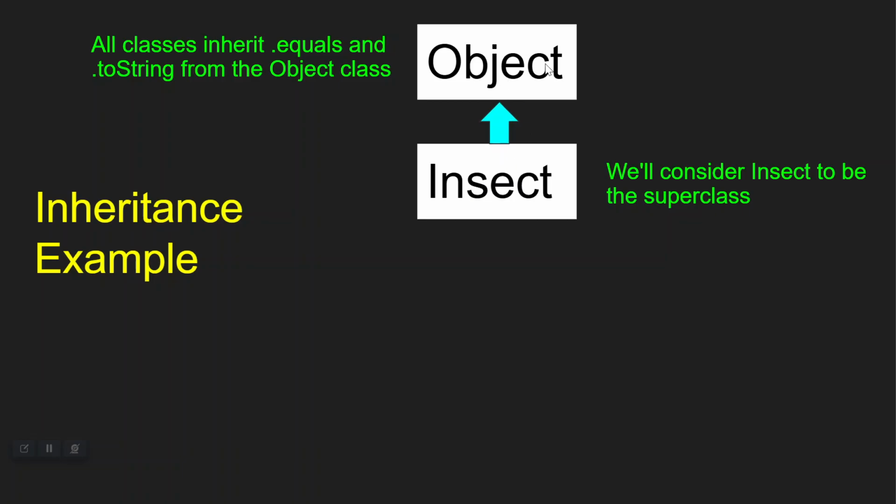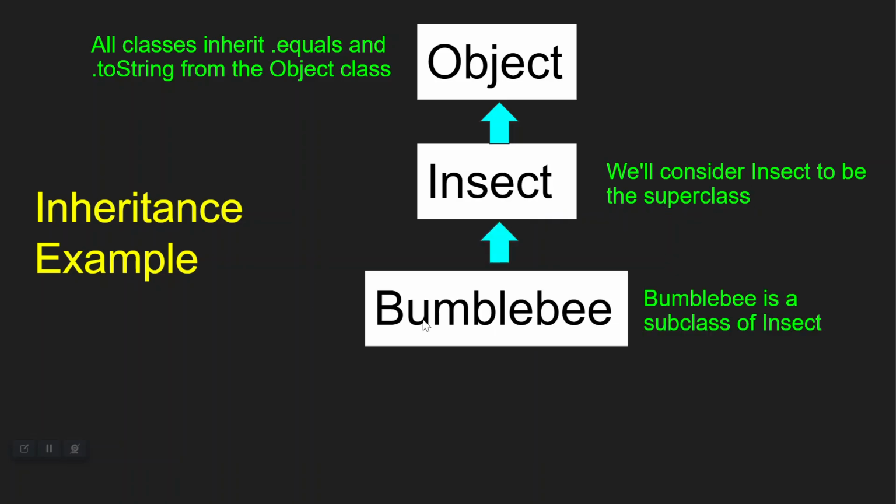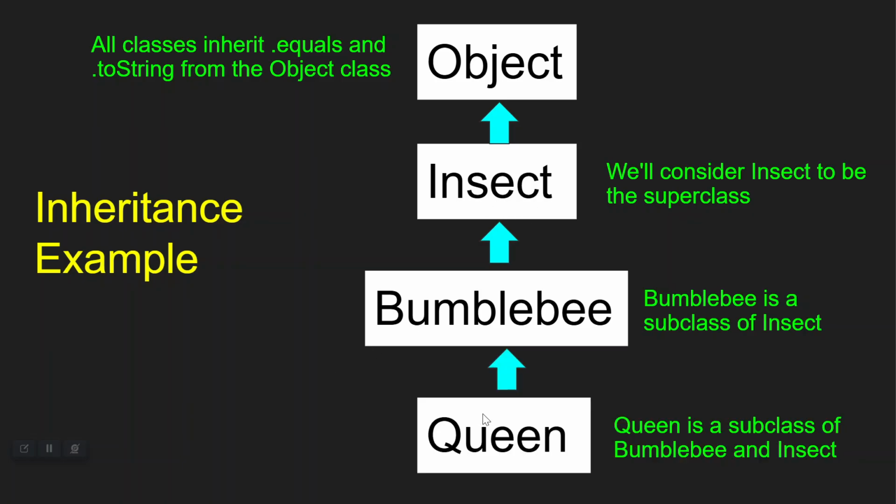So it's kind of redundant to consider every class a subclass. So we're just going to go ahead and consider Insect as our superclass. Now, I could also create what's called a Bumblebee class, which is a little bit more specific. And I could make Bumblebee a subclass of Insect. And then if I wanted to, I could say, well, actually, the queen bumblebee is an even more specific type of bumblebee.